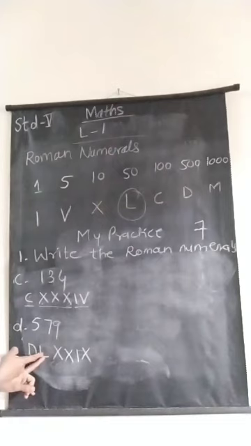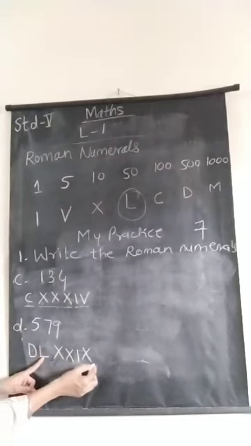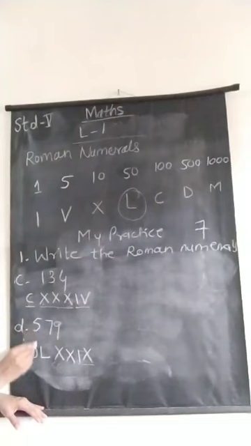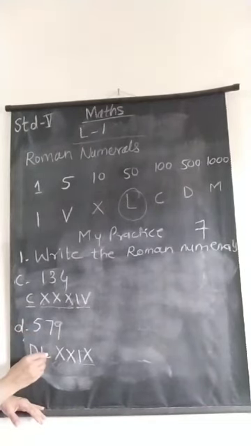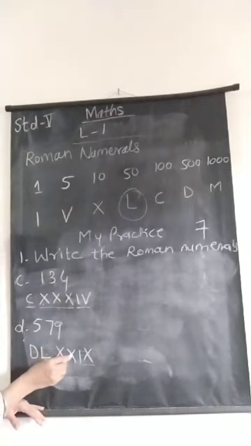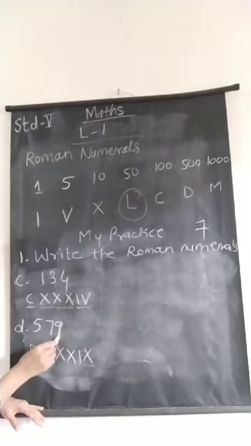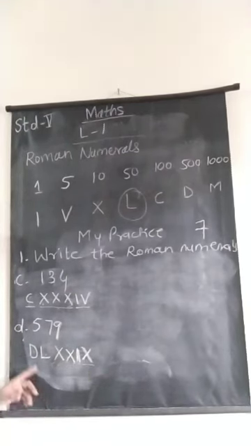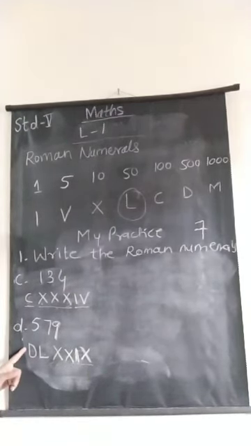That means 550 plus 10 plus 10, 570. And this stands for 9. So 579: for 500, D. For 50, L. For the remaining 20, 10 and 10, and 9 is there, so IX. This is in Roman numerals.